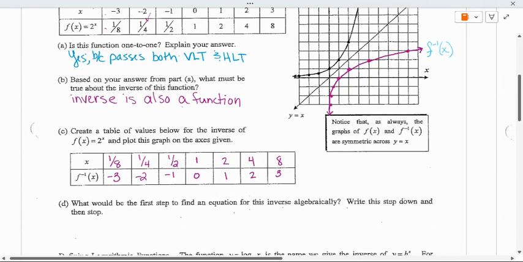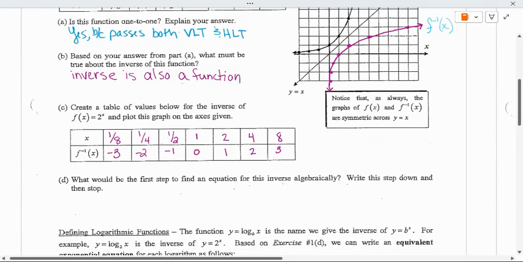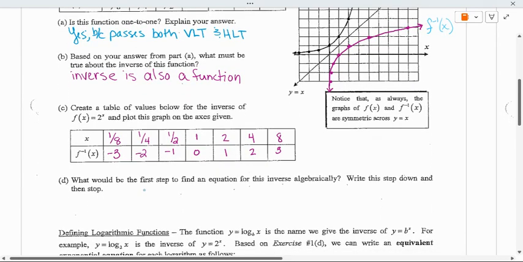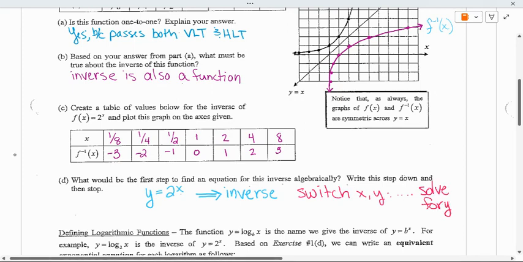What would be the first step to find an equation for this inverse algebraically? Well, we started with the equation y equals 2 to the power of x. When I want to find the inverse, what is the first thing that I do algebraically? I switch the x and y and then solve for y.